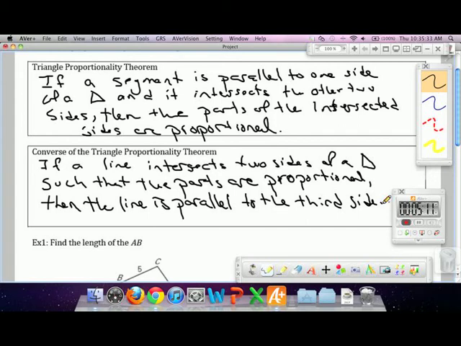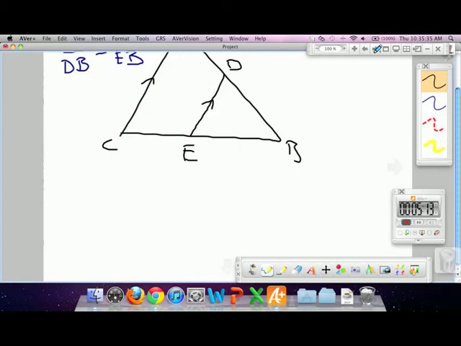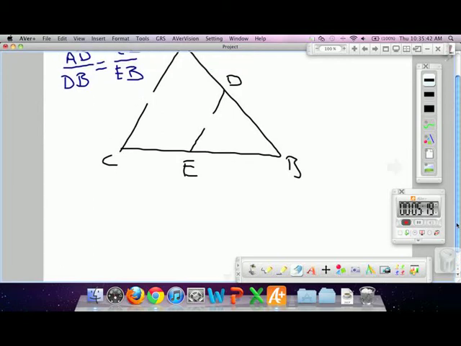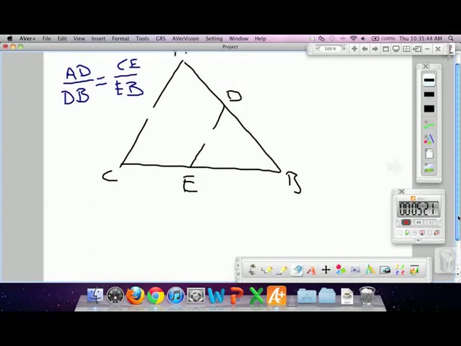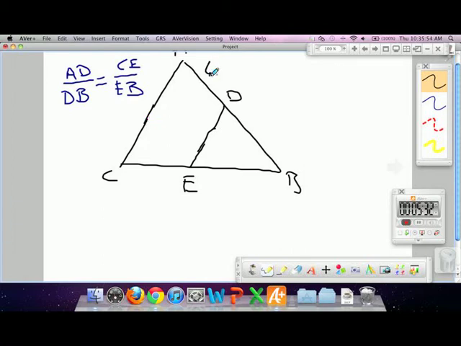So, for example, if instead of knowing they're parallel, instead I know something about these sides. If I said, how about we have like 6, 2, and like 12 and 4.